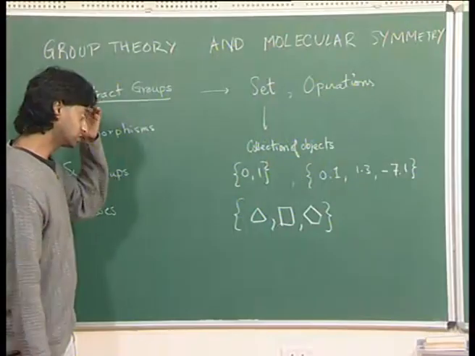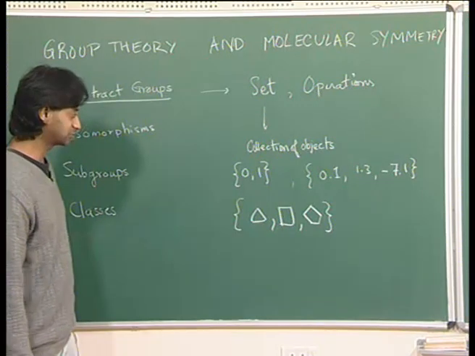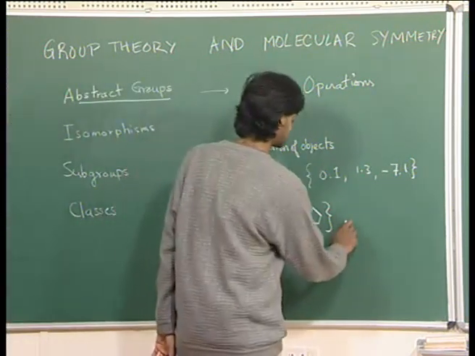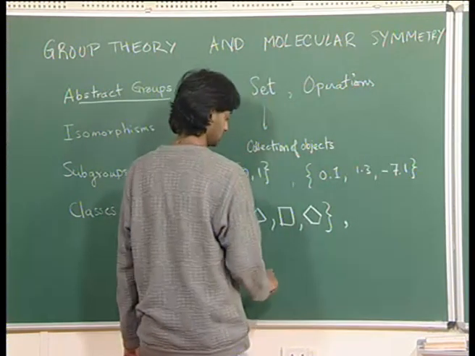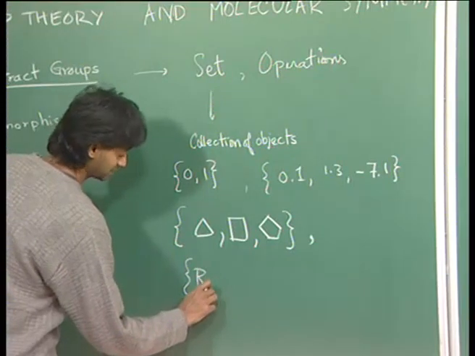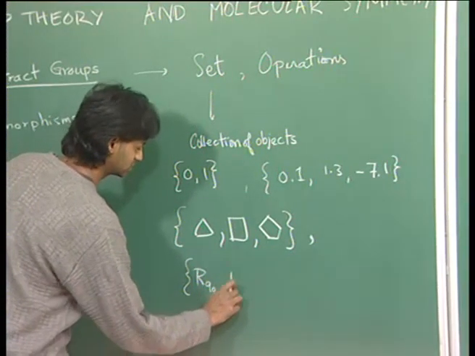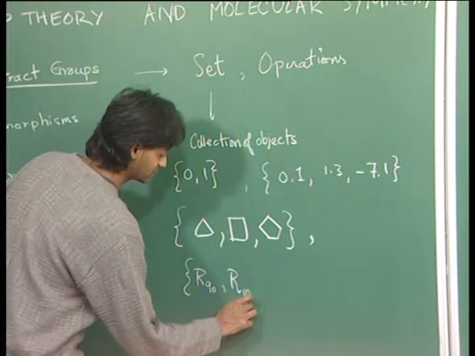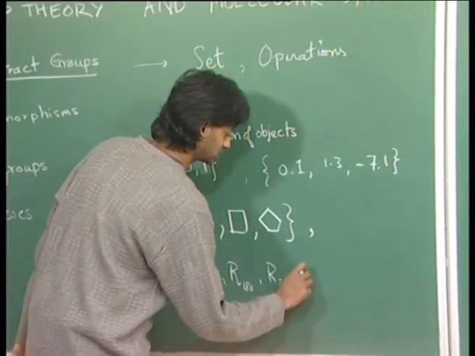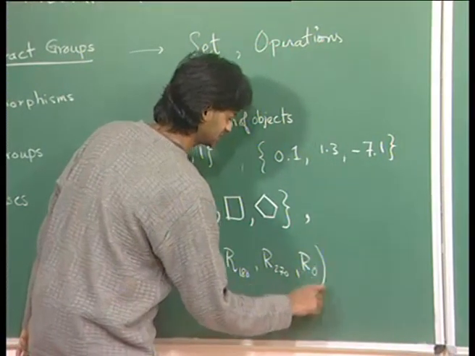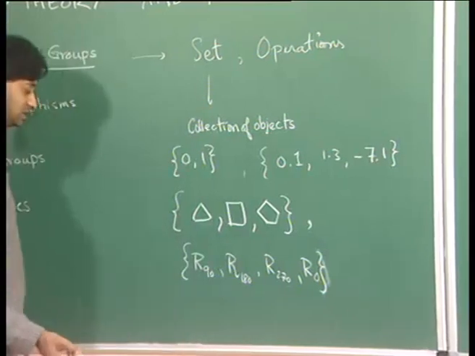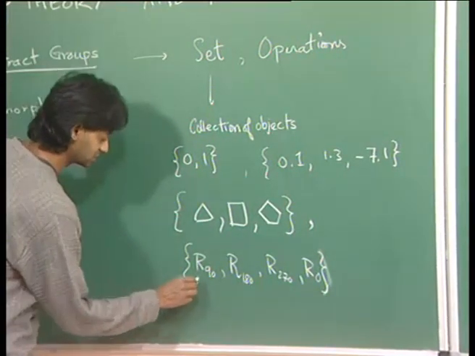You could say that my set is composed of objects that correspond to rotation by 90 degrees, rotation by 180 degrees, rotation by 270 degrees, and rotation by 0 degrees.